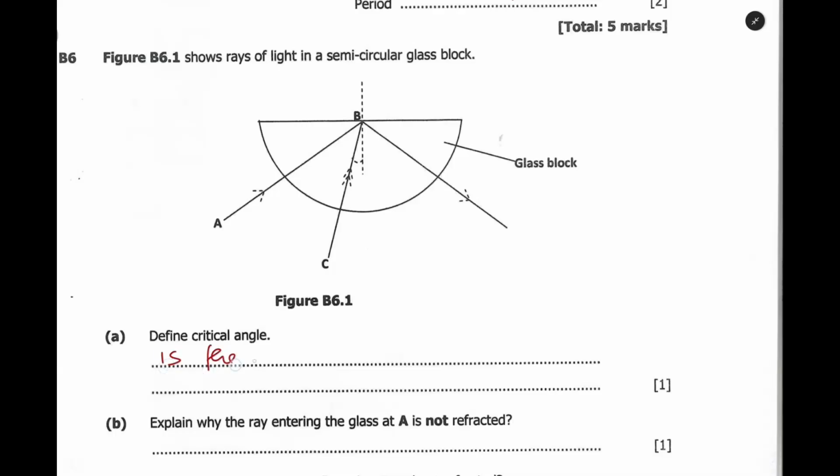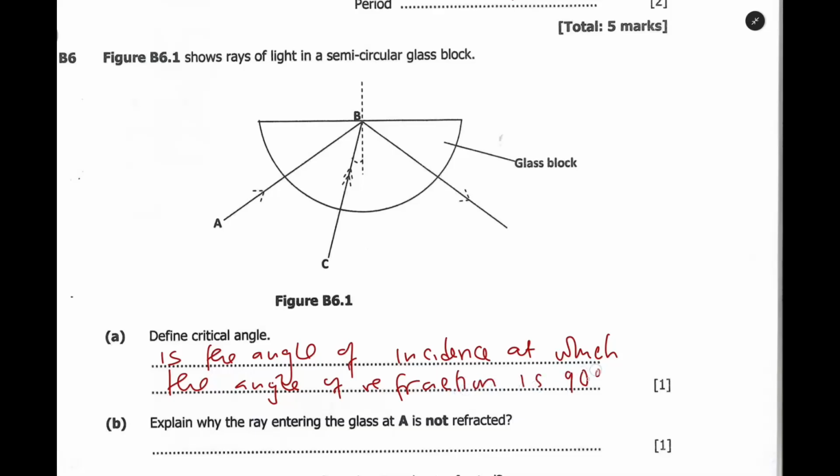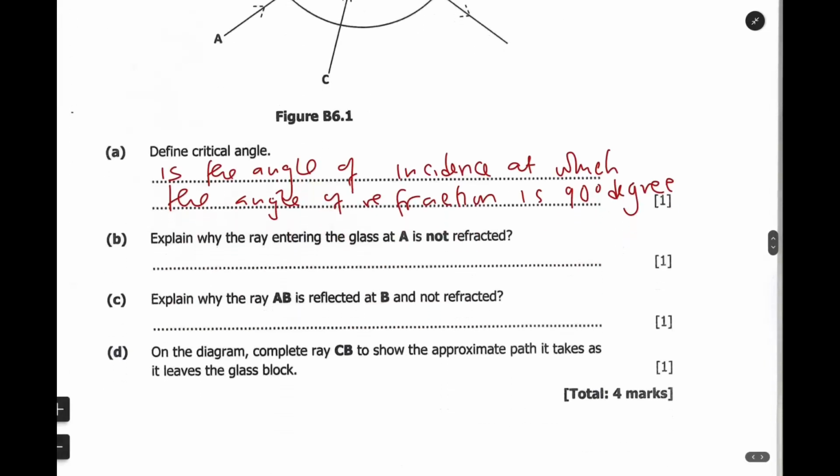The critical angle is the angle of incidence at which the angle of refraction is 90 degrees. That is what you call a critical angle.